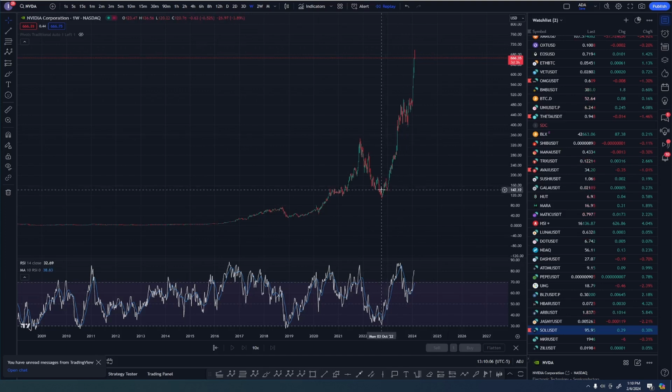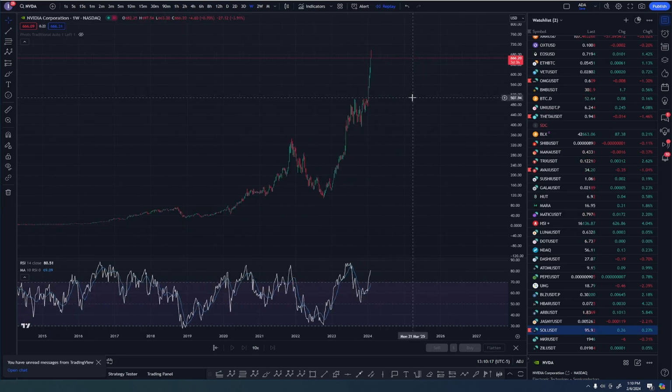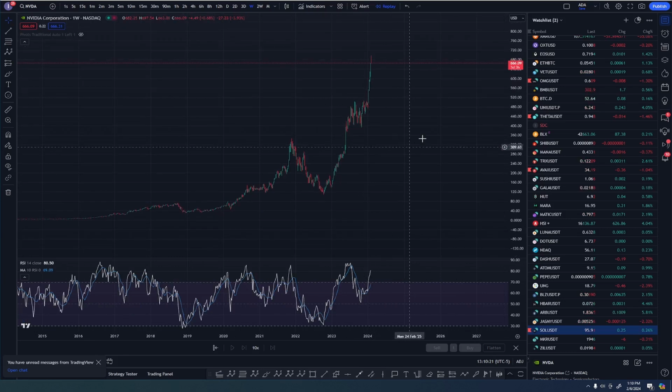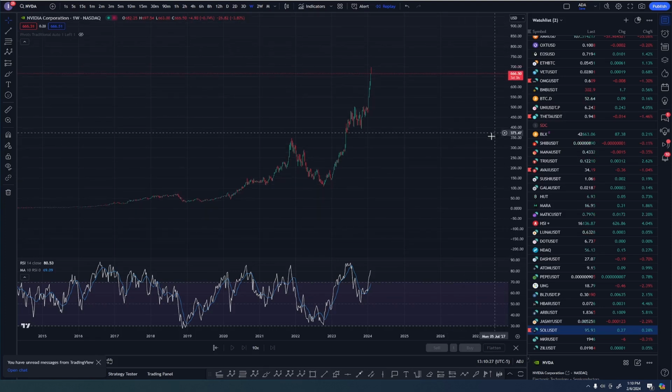While this price movement from October of 2022 is now coming to a head here in February of 2024, look for a move back down that's going to take back most of this move, okay? We are in the take profit area on the chart. You should really be thinking about taking profit in Nvidia if you haven't done it already.